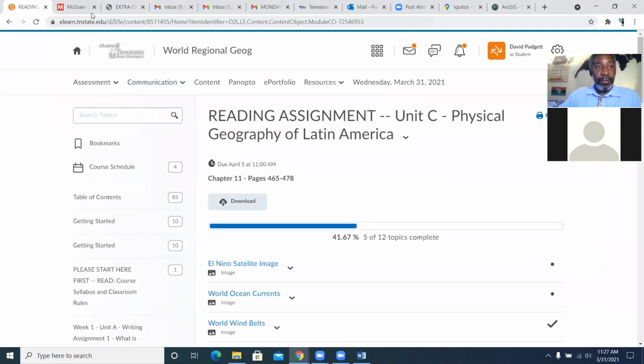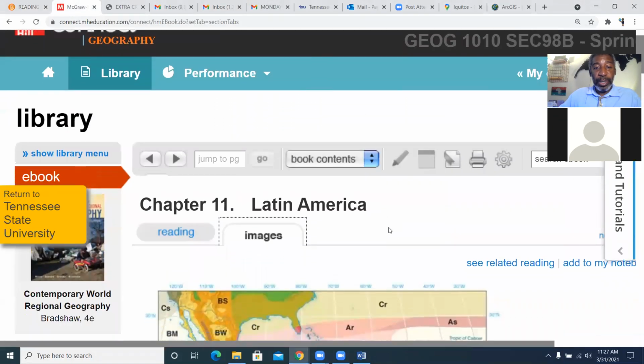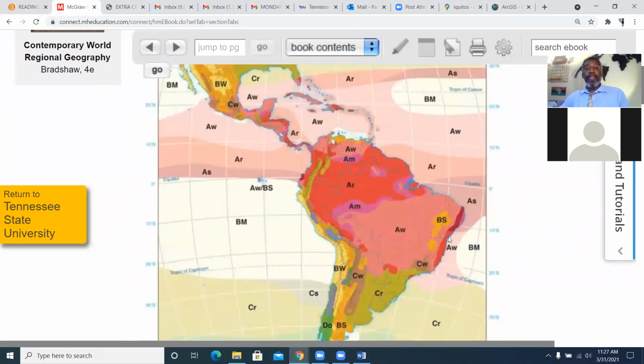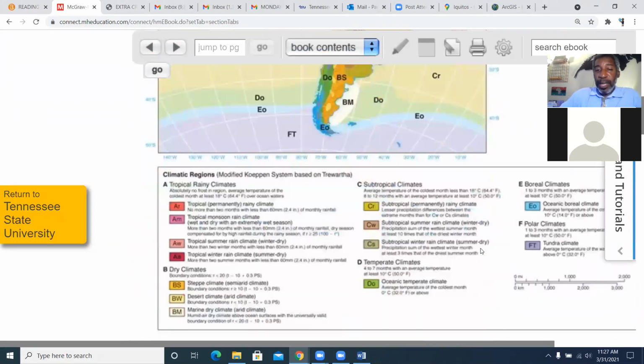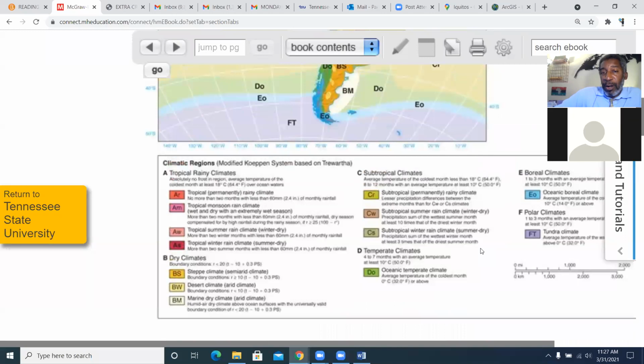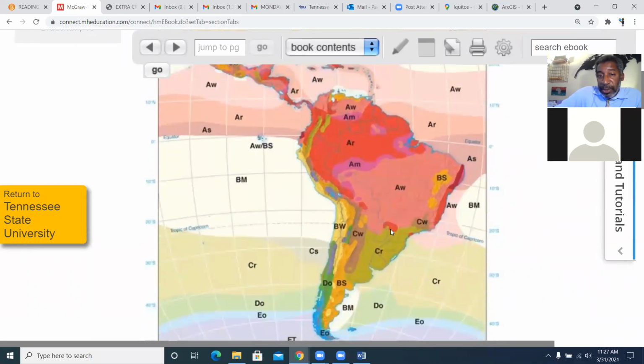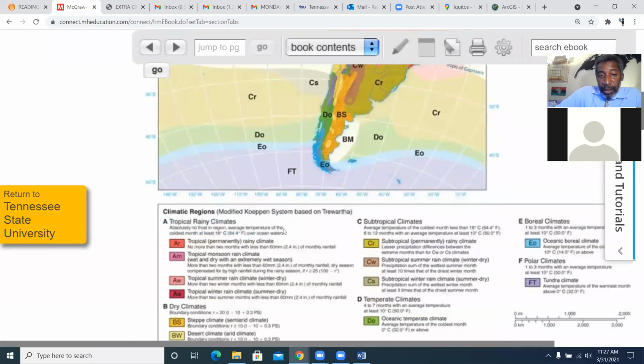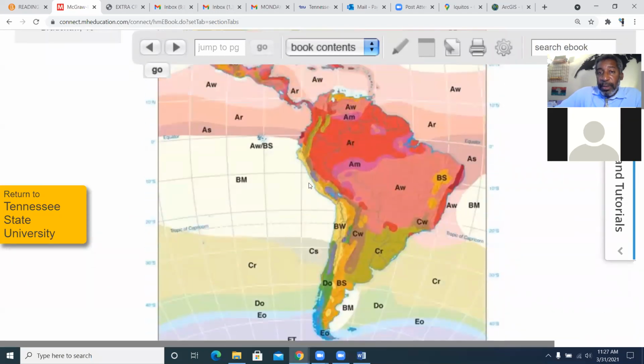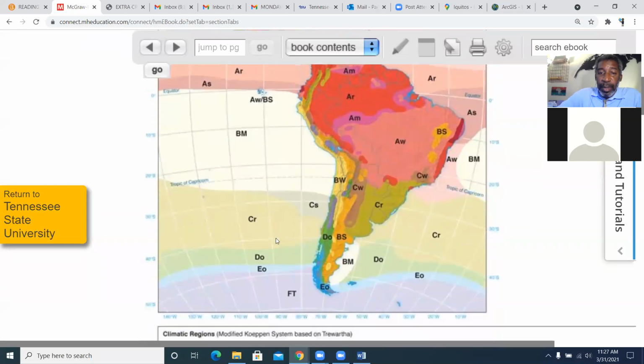But as you can see, if we go back to the map of the Köppen climate regions, there are several different types of A climates. So there's the tropical permanent rainy climate that we saw characterized by Iquitos, Peru.